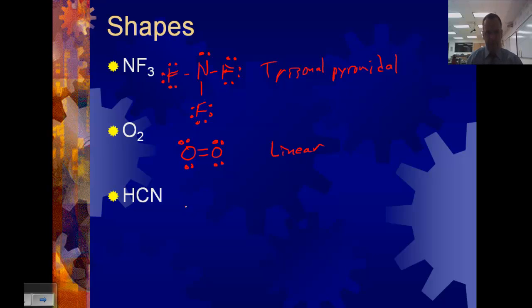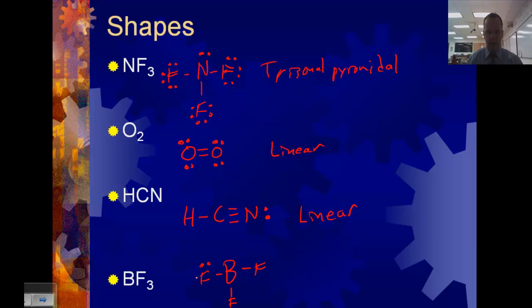HCN, if you remember from when we did dot structures, looks like this. 2 things bonded to the central atom, no lone pairs. It is linear. BF3, now this is an exception to our typical drawing. We would draw 3 bonds.